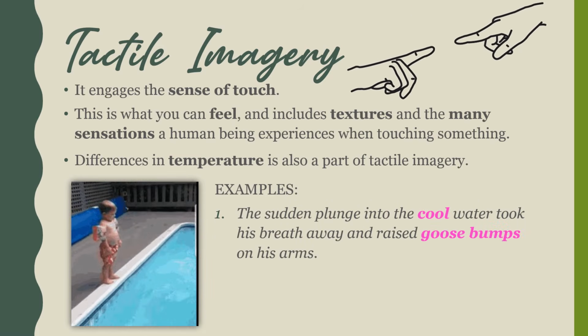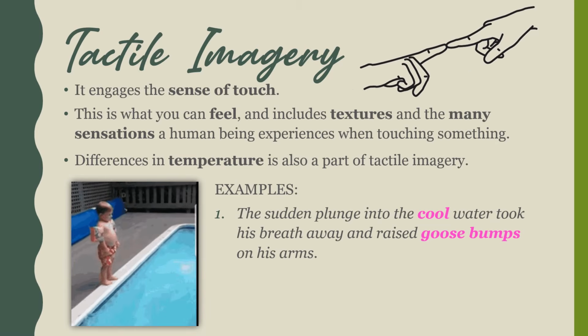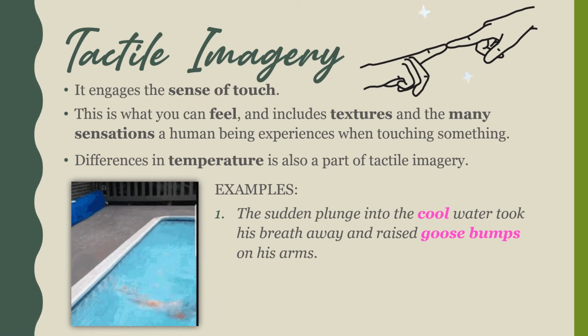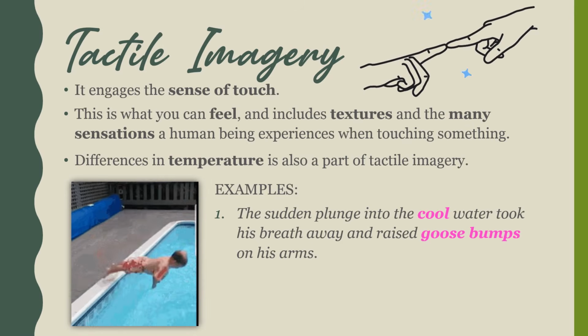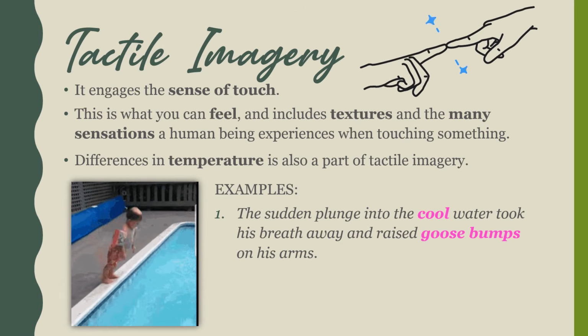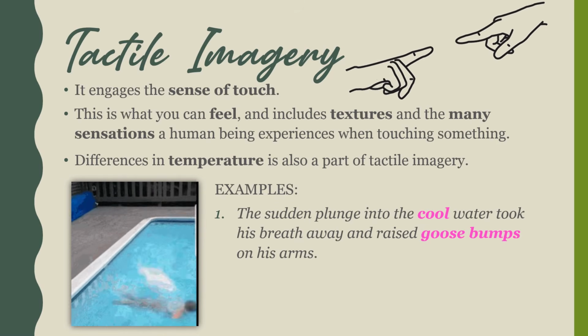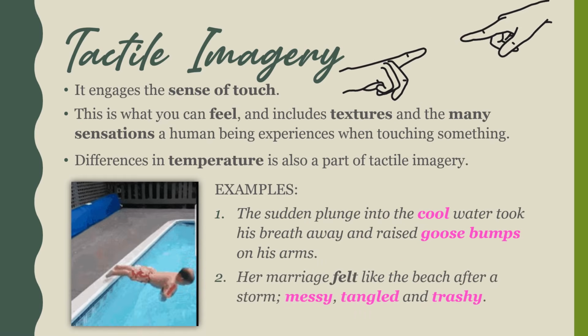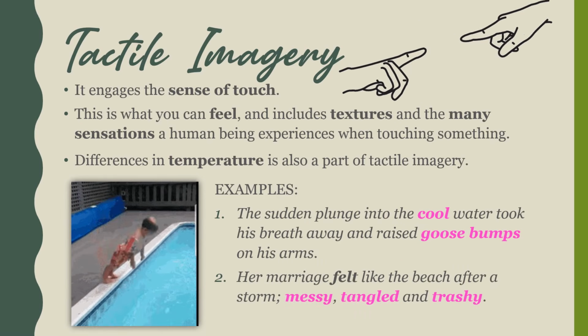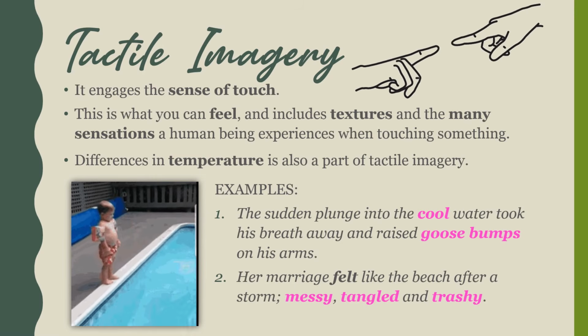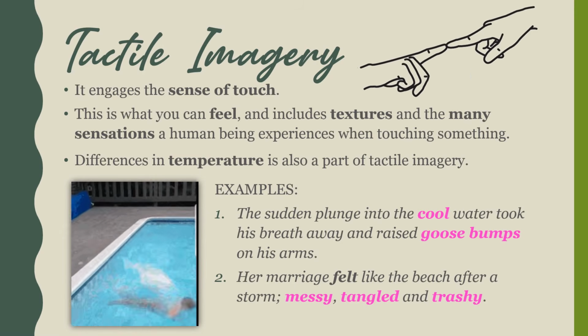The sudden plunge into the cool water took his breath away and raised goosebumps on his arms. The words cool and goosebumps describe the sensation that we feel whenever our bodies suddenly feel cold. Example number 2. Her marriage felt like a beach after a storm. Messy, tangled, and trashy.